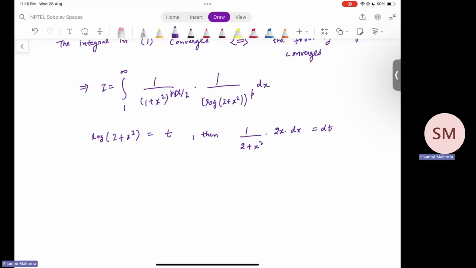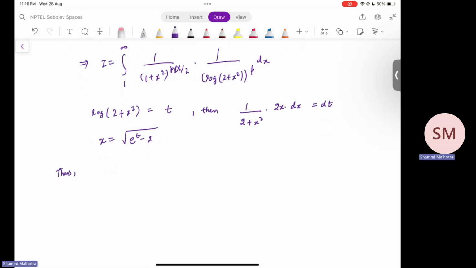Moreover, this will imply that x has to be the square root of e to the t minus 2. Since I'm taking x to be positive only, I have to consider only the positive square root.